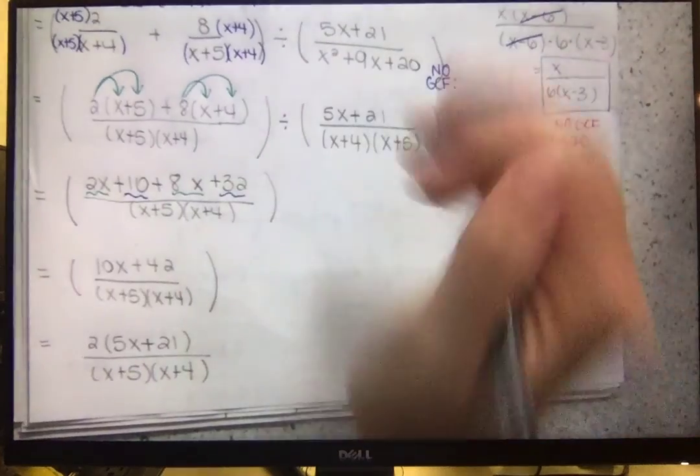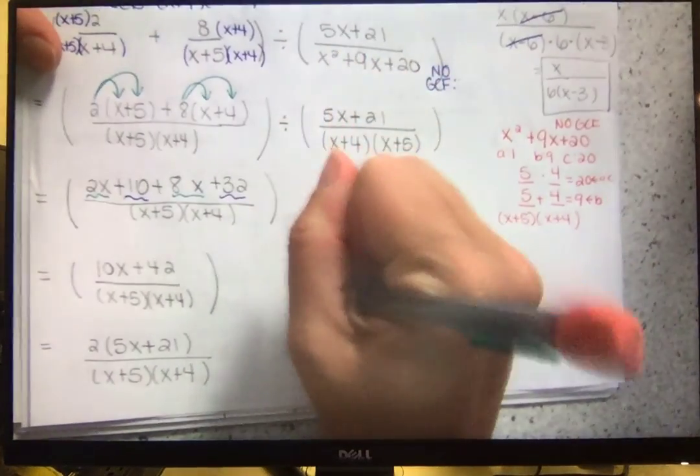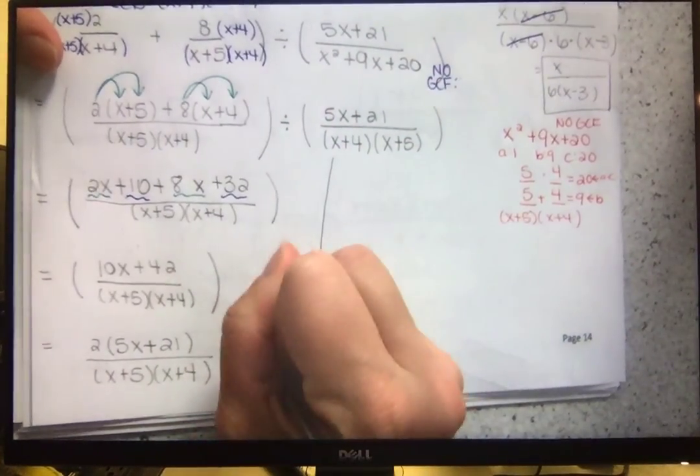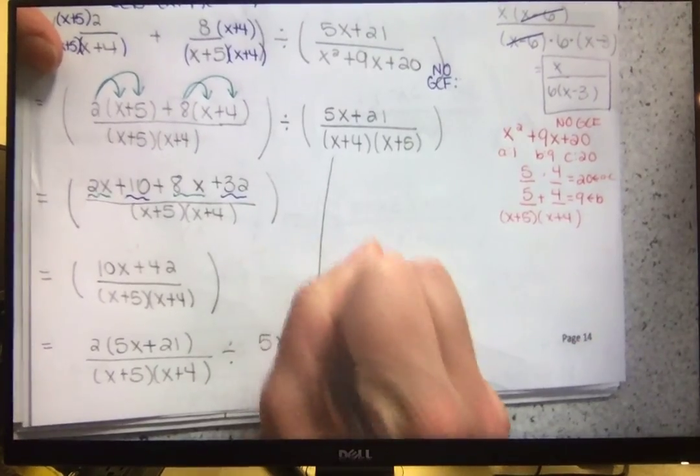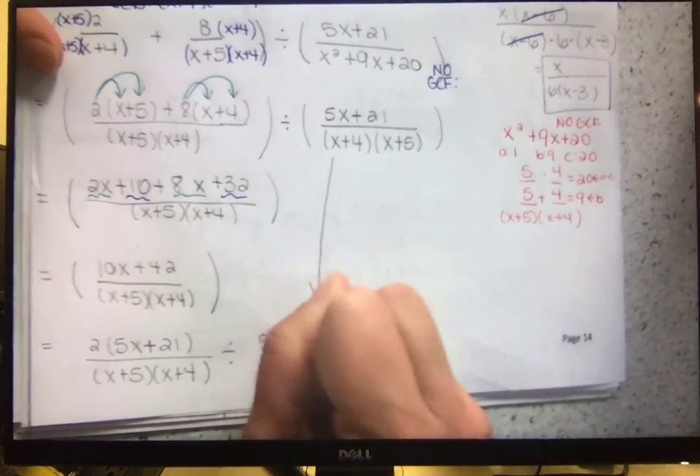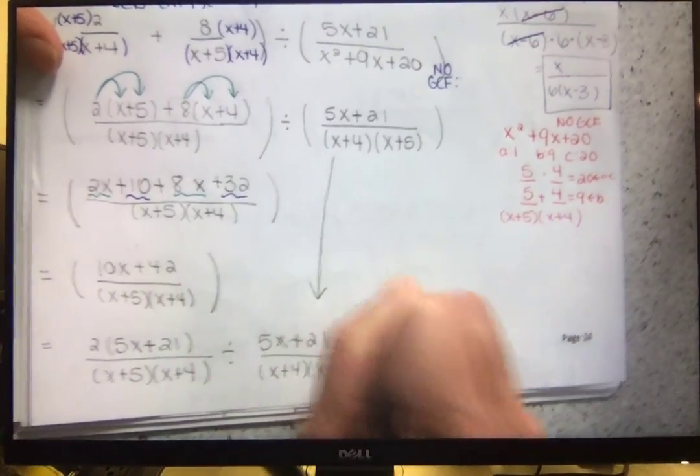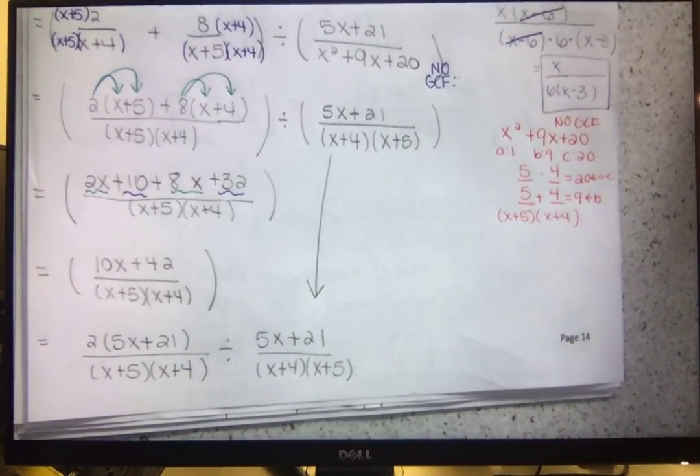All right, so nothing cancels out yet. Let's just go ahead and bring it all the way down to the bottom. So we simplified both parentheses, both sides by themselves, until we can't simplify anymore. So 2 times 5x plus 21 all over x plus 5 times x plus 4, divided by 5x plus 21 all over x plus 4 times x plus 5.